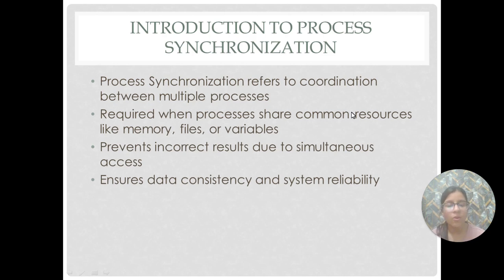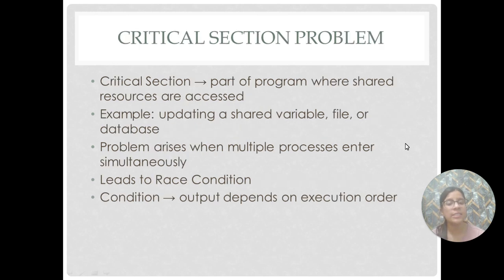Now let us understand the next topic, which is the critical section problem. What is a critical section? It is a part of a program where shared data is used and can be accessed. For example, when you are updating a bank balance or editing a file, that is an example of a critical section.